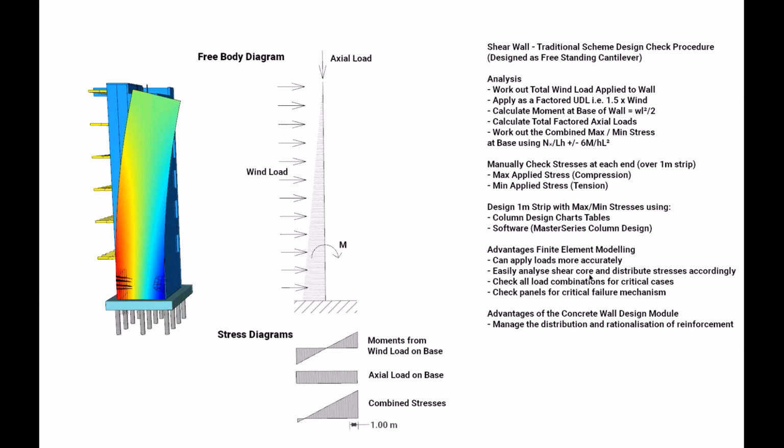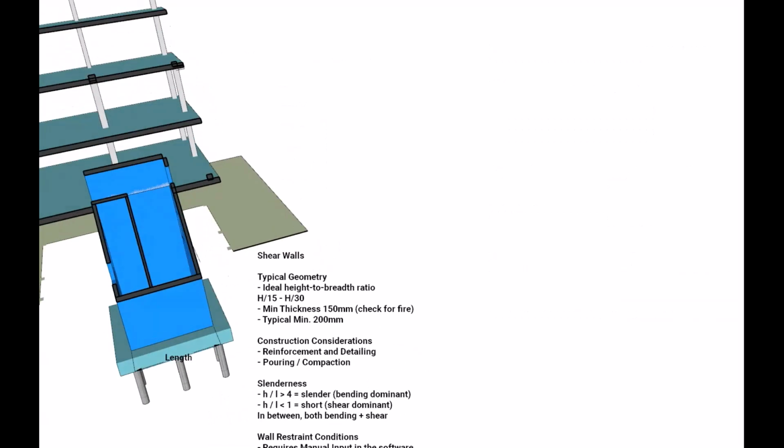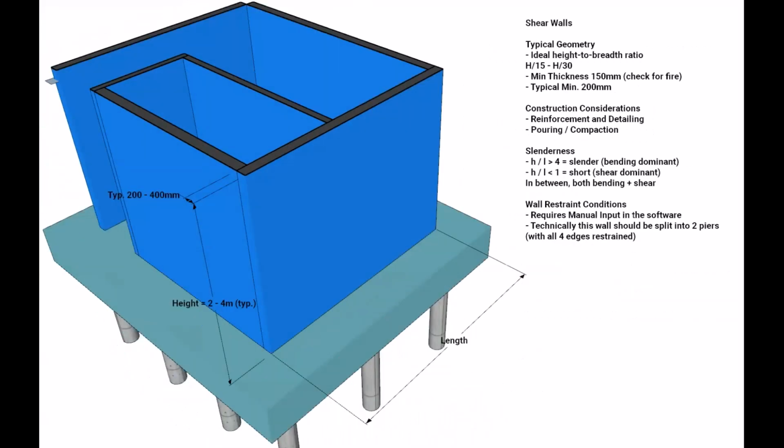Just to go on to a little bit of geometry, typical geometry of a wall. There are some rules of thumb to follow for the height to breadth ratio here, and typically the height to breadth ratio is between 15 and 30. Just so we get an idea, this wall I think is about a height to breadth ratio of about height over 20.